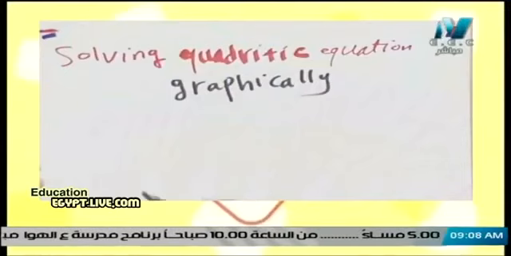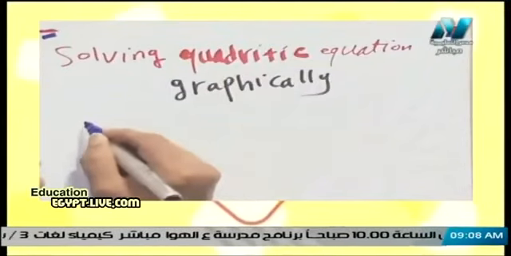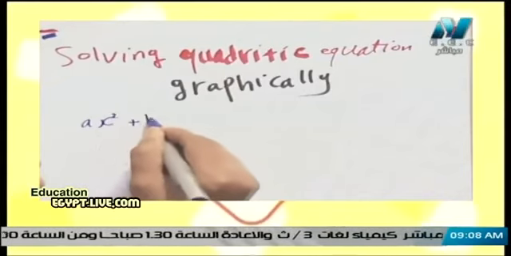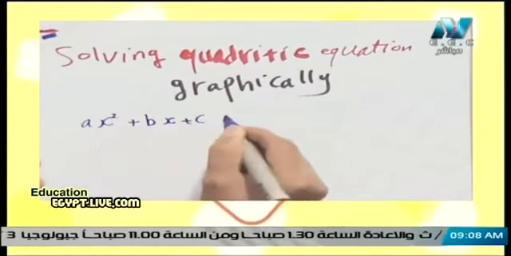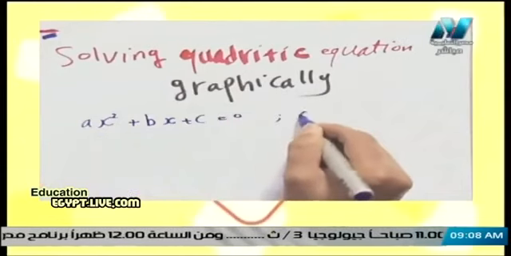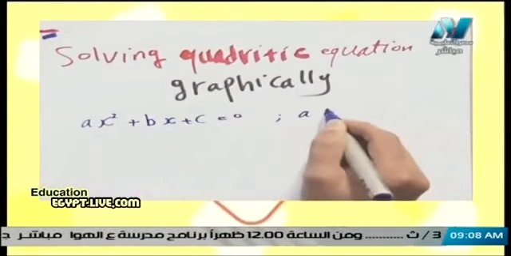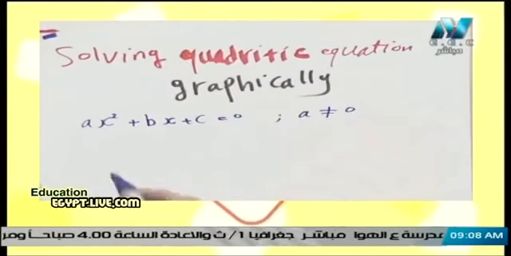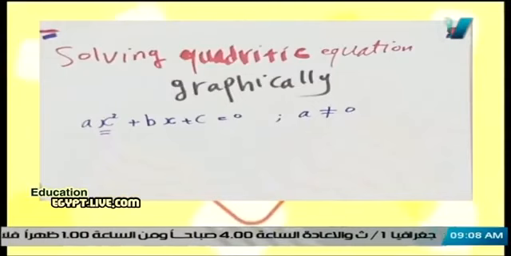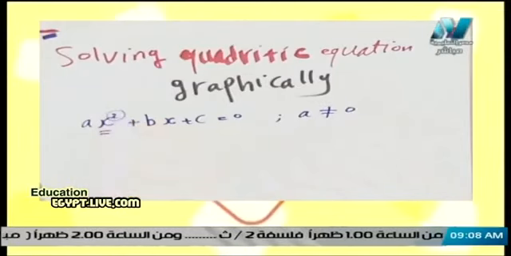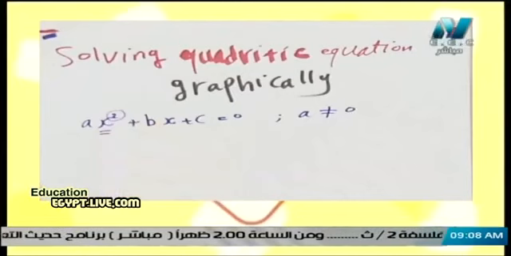If we have an equation like ax² + bx + c = 0, and of course a, as we said before, doesn't equal 0 to be quadratic, because quadratic means that the greatest power is 2.